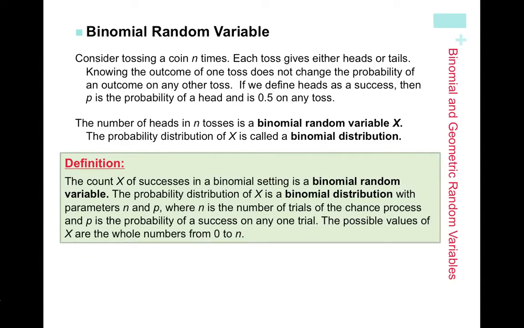So the possible values for X are going to be whole numbers. They're our random variable. Except we're only going to have two outcomes: success versus failure. N and P. N is the number of trials. That's one parameter that defines our binomial distribution. And P is the probability of a success.